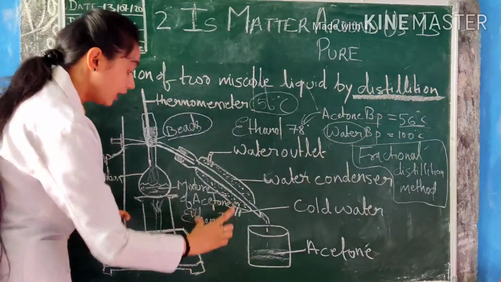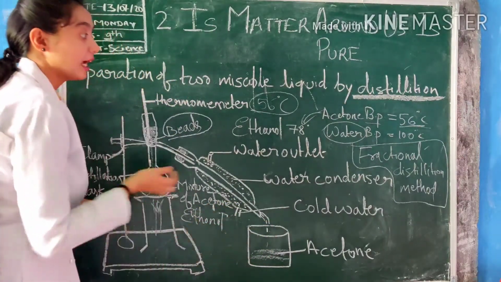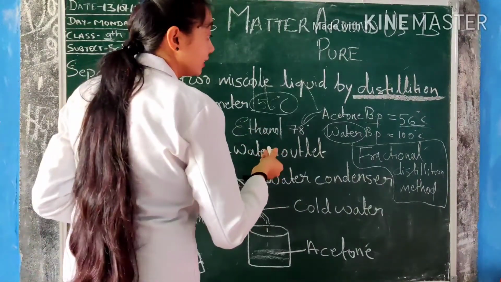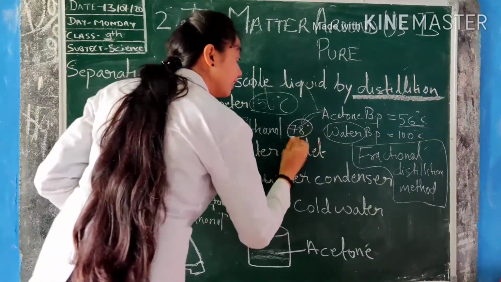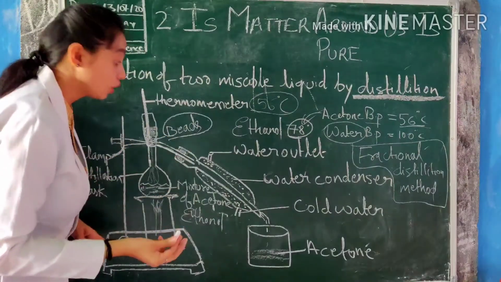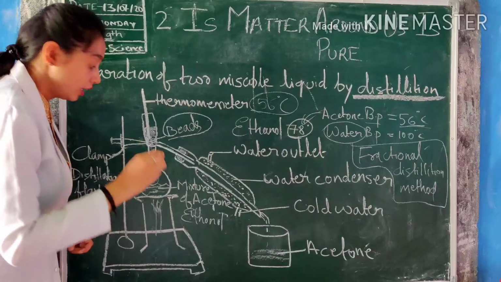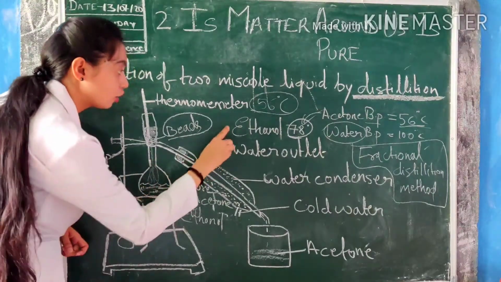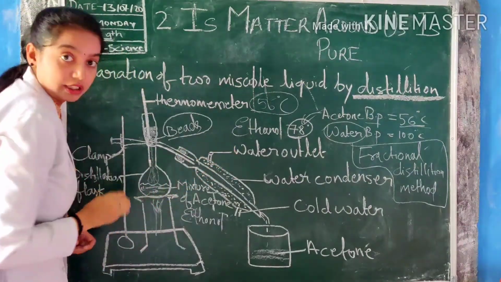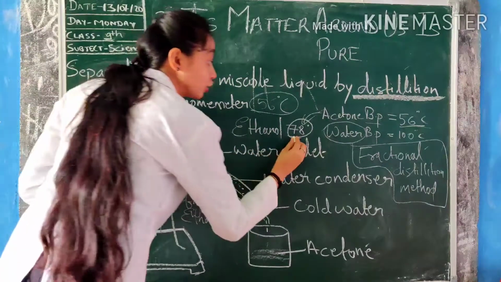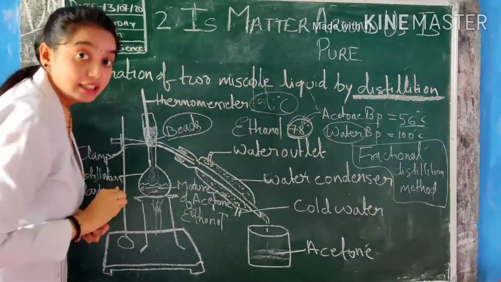But in the case of ethanol, its temperature has still not reached its boiling point, which is 78 degrees Celsius. So the rise of ethanol is not too much. It has less energy because its temperature has not reached its boiling point.